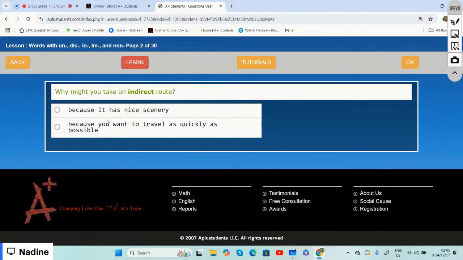So why might you take an indirect route? Is it option one because it has scenery, or option two because you want to travel as quickly as possible? An indirect route because it has nice scenery, or because you want to travel as quickly as possible.